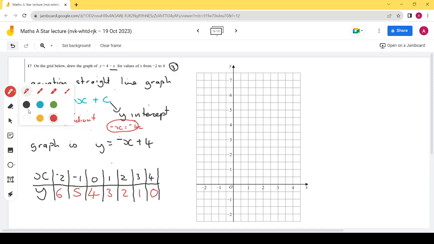If you wanted to double check this by putting numbers in, you could say if x is minus 2, then we could put it into our equation.